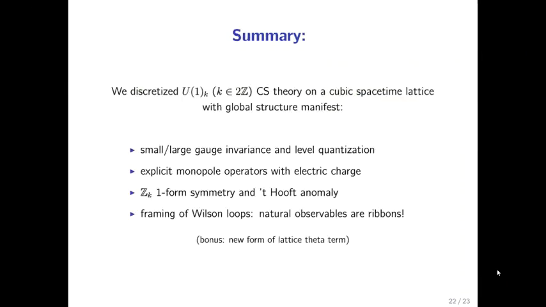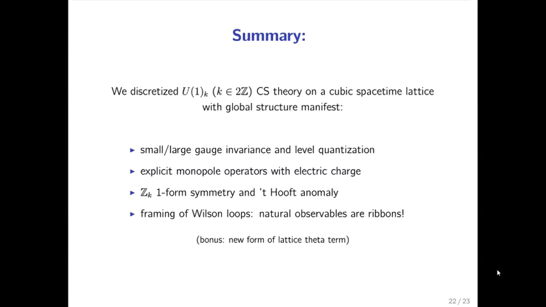Okay. Good. So I guess I'm a little bit early, but I'll just summarize. What did we do? We wanted to discretize Chern-Simons theory in a way where we could capture as much of the global aspects as possible. And in order to do that, we used this new modified Villain formulation. We were able to demonstrate gauge invariance under small and large gauge transformations. That gives us level quantization.